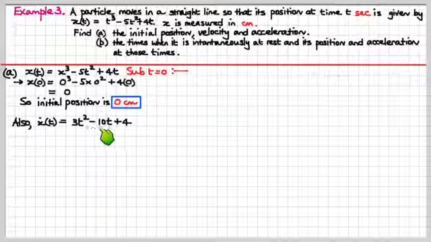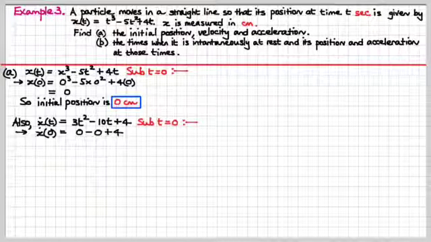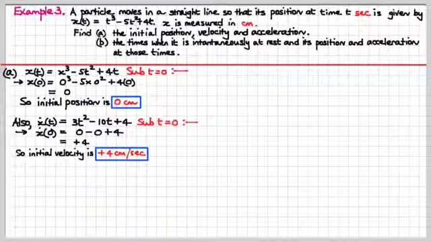Have a look, make sure you agree. Now we're going to work out the initial velocity, so plug in t equals 0, and it looks like it's doing 4 centimeters per second, plus 4 centimeters per second, to the right. Yes, very good. Now we've got to do the initial acceleration.